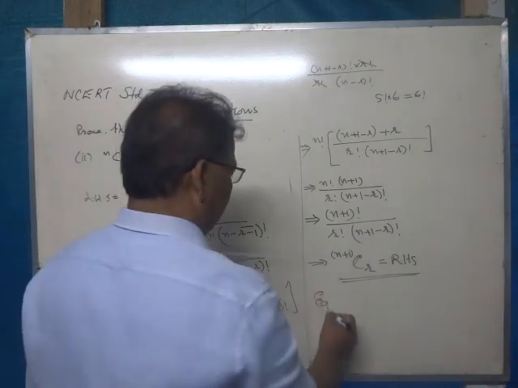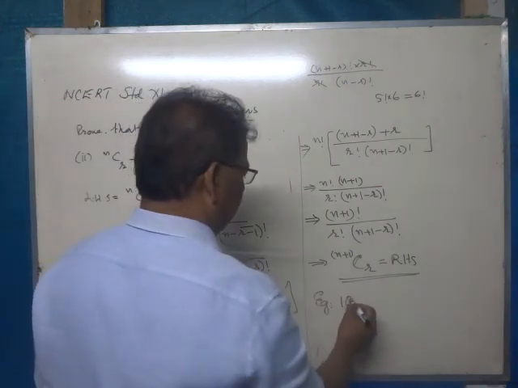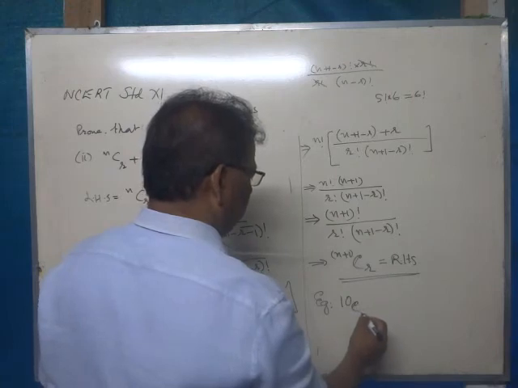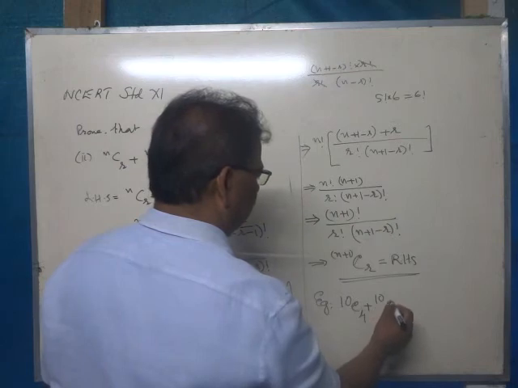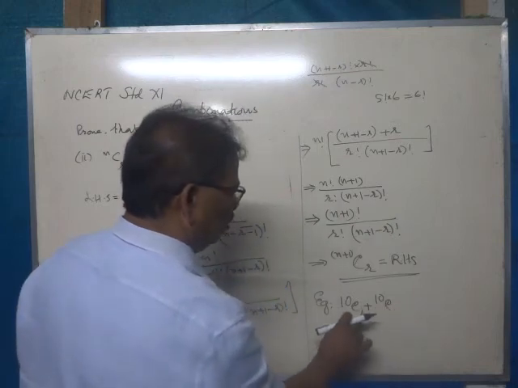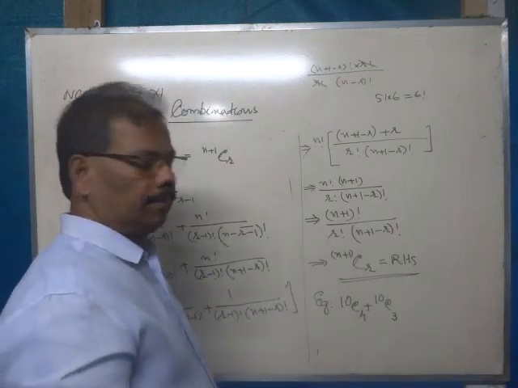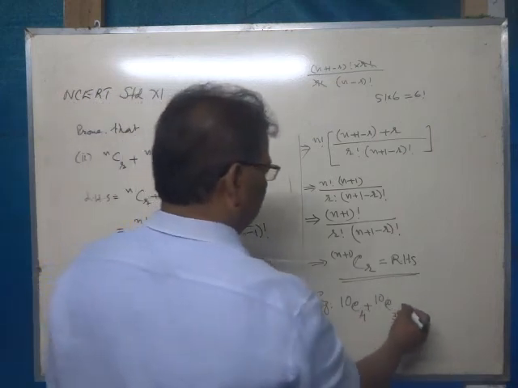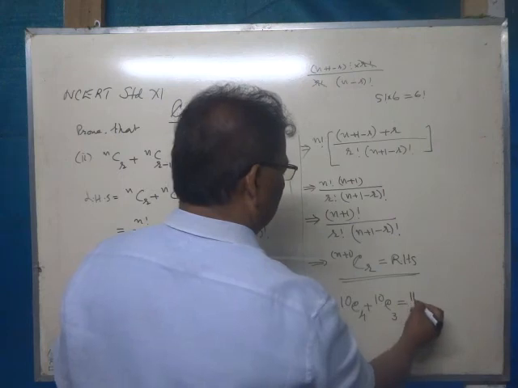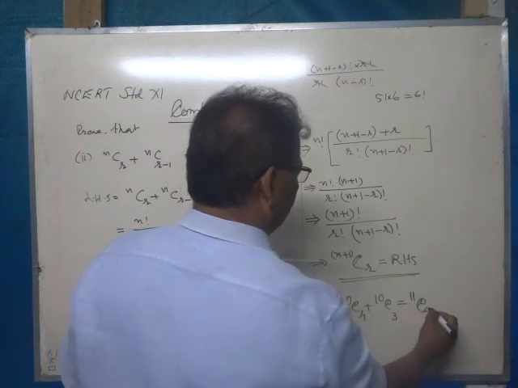Example: 10C4 plus 10C, a number just below 4, that is 3. 10C4 plus 10C3 is equal to 11C4.